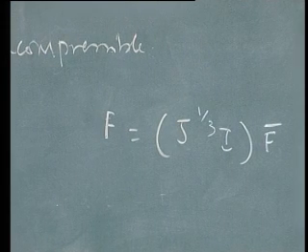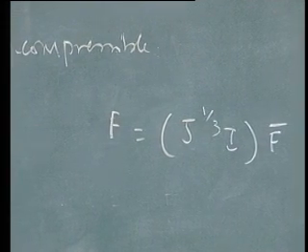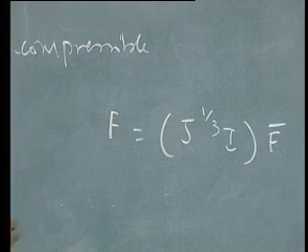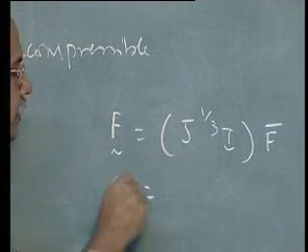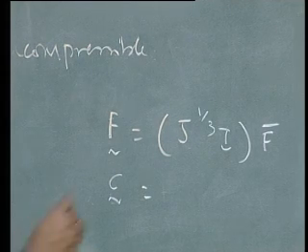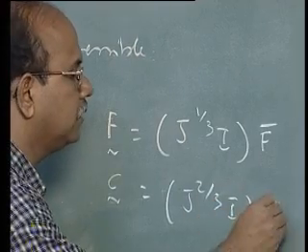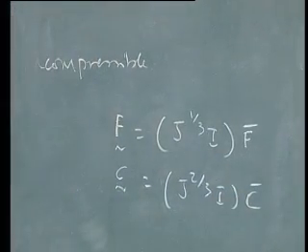So you can see that the determinant of F bar is equal to 1, and in the same way you can write C is equal to J power 2 by 3 I C bar.